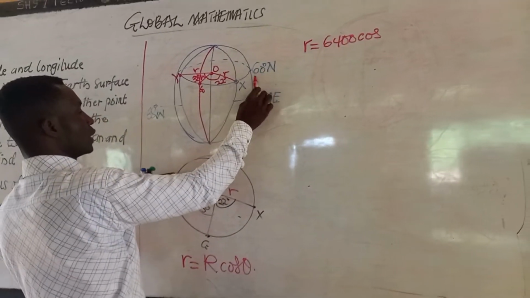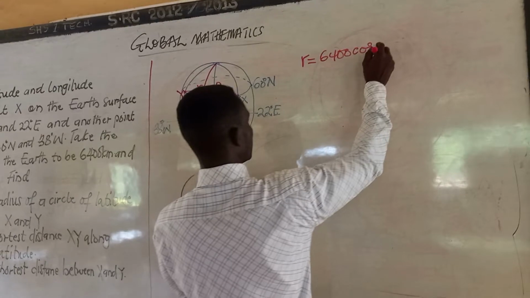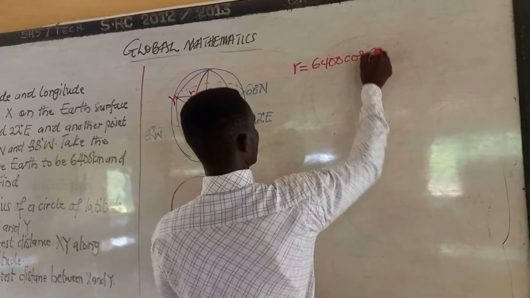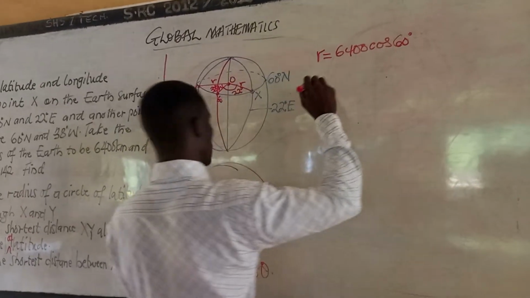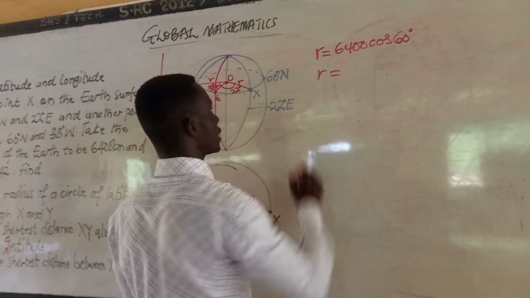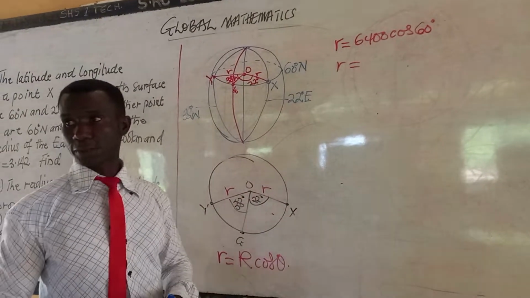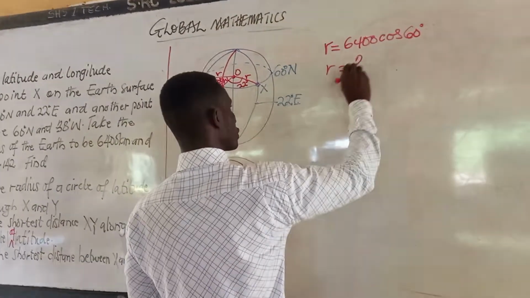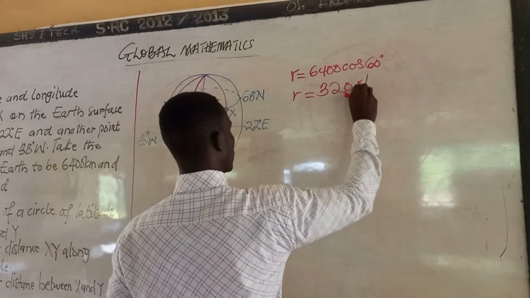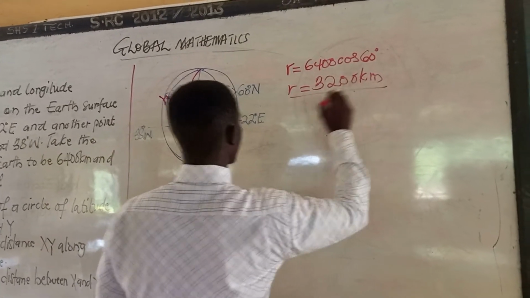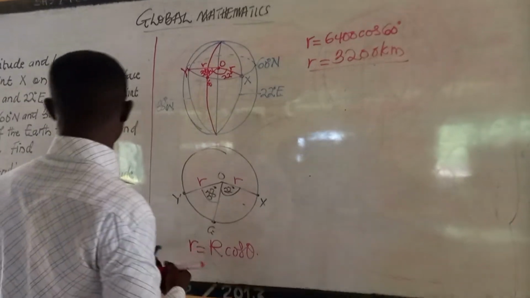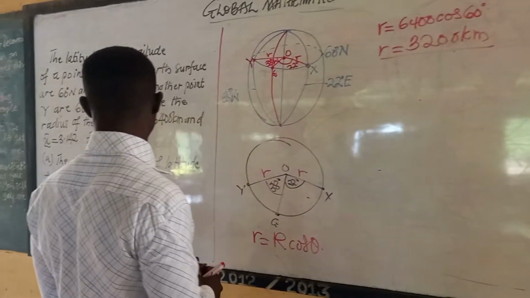What's the angle of the latitude? 60 degrees. So r will be equal to 6,400 cos 60, which gives 3,200 kilometers. That's for question A, the radius of a circle of latitude through X and Y.